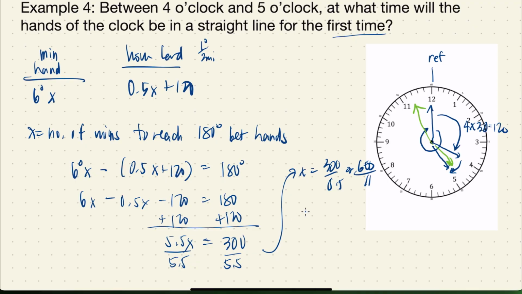Okay? Approximately. Okay? So, 600 over 11 is 54.545 minutes. Or that is 54 and 6 over 11 minutes.